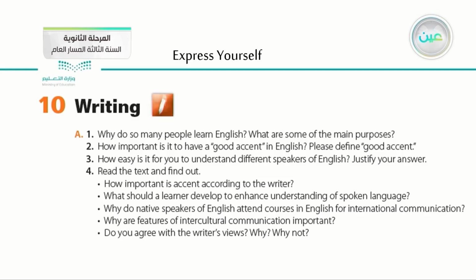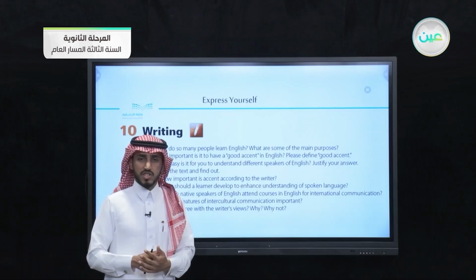Please define good accent. Number 3, how easy is it for you to understand different speakers of English? Justify your answer. And number 4 is a step that we are going to go through after we read the text together. But let's go back to the first 3 questions.